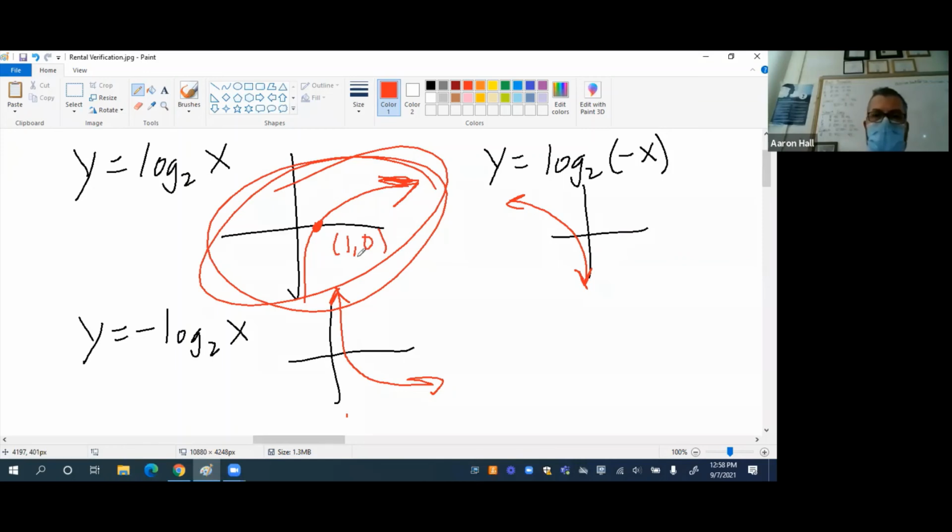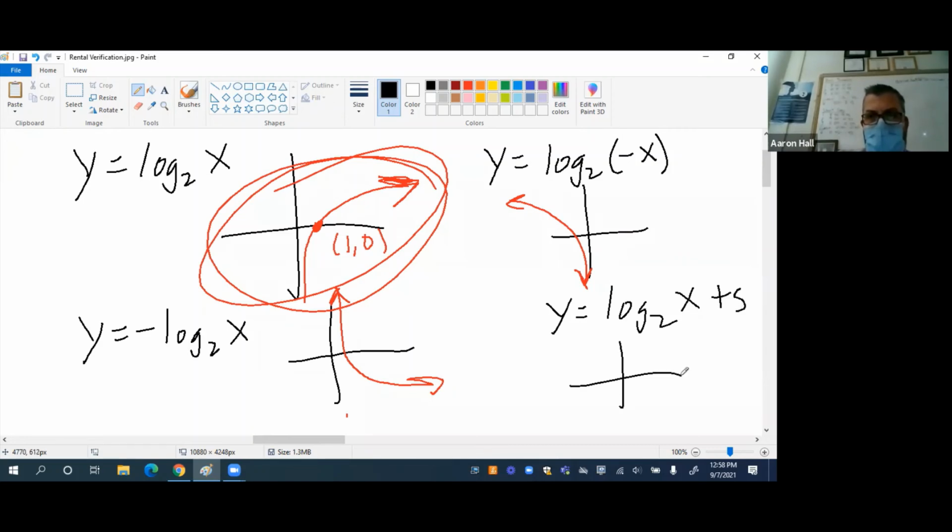So if I'm moving it up, I have y equals log base 2 of x, and then plus 5 if I want to shift it up. That's going to give me 1, 2, 3, 4, 5. Our graph is going to cross this particular point right here.